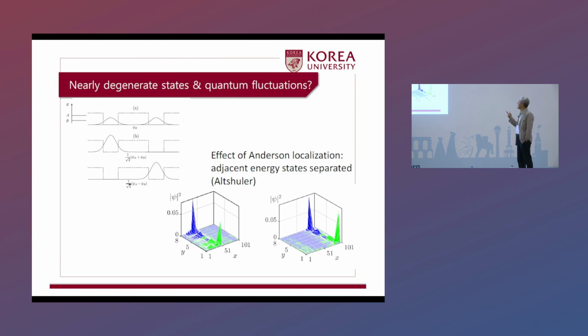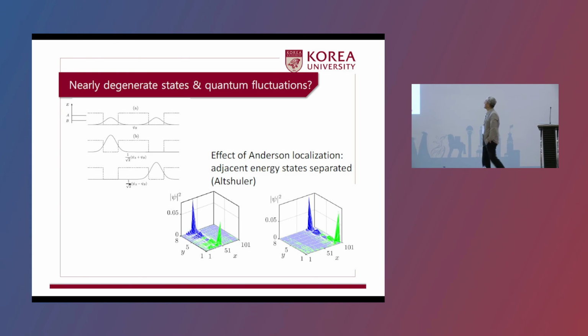Of course, experts in Anderson localization know about this. What this is saying is that suppose you have Anderson localization and two states are nearly degenerate. Then, because of the localization effect, they must be physically separated. That's what I'm showing here. These two states have very close energy, but you can see that they are physically separated. So quantum fluctuations cannot destroy fractional charges in this case.